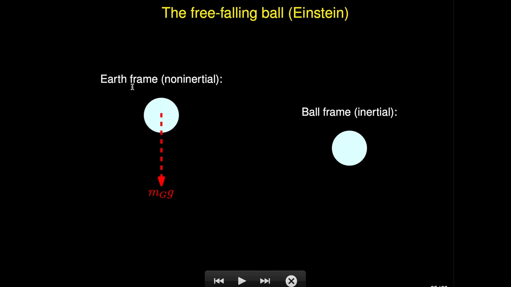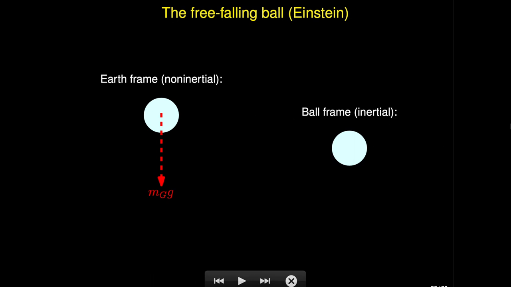And if you go back to the frame where you're standing on the earth, the reason the ball looks like it's falling is because there is a single fictitious force that looks like it's pulling it down. And it's the force of gravity, gravitational mass times acceleration due to gravity. This was an absolute stroke of genius by Einstein.